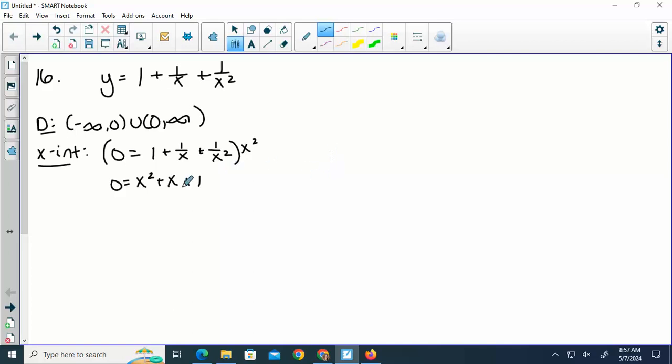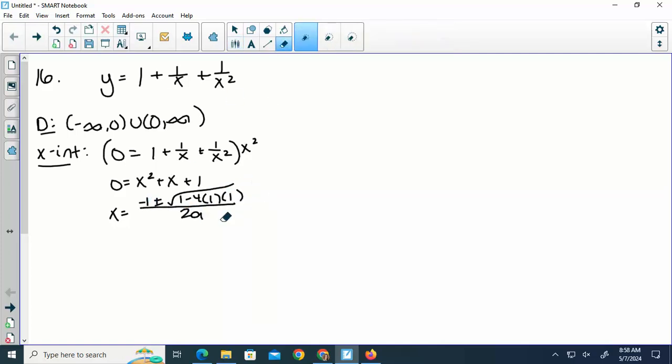No. So if you do quadratic formula, opposite of b plus or minus the square root of b squared minus 4ac all over 2a, what kind of number are you getting? Imaginary, because we're having a negative under the radical. So at that point I can realize I could just stop and say there is no x-intercept.